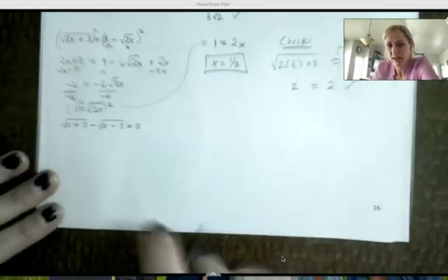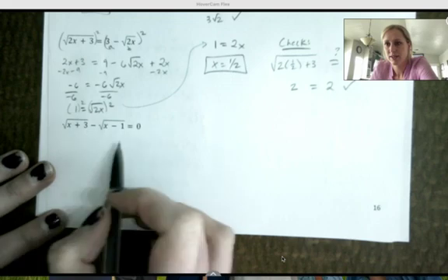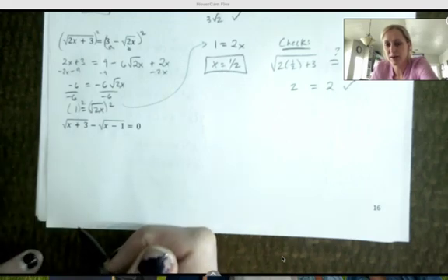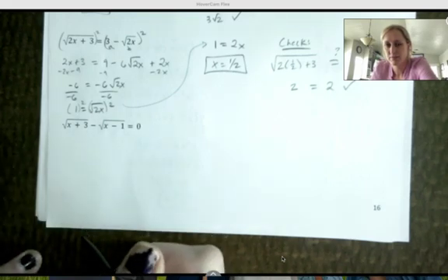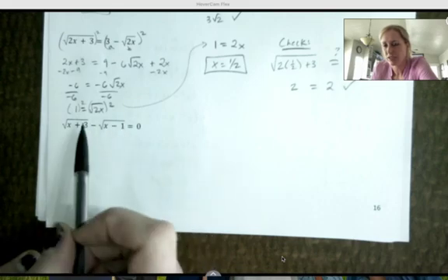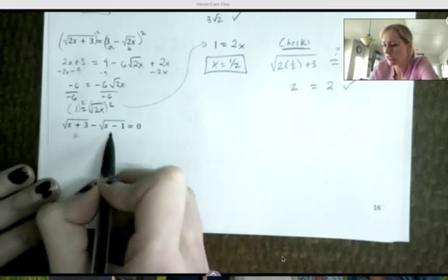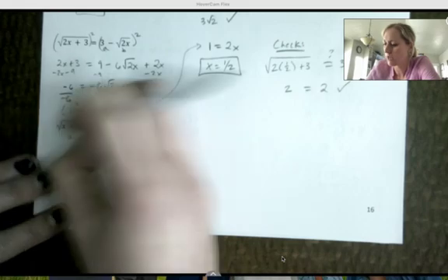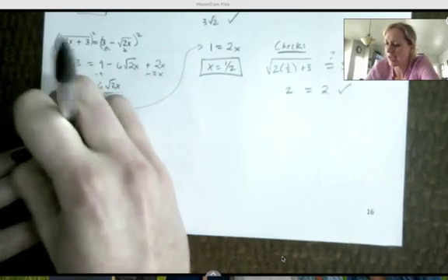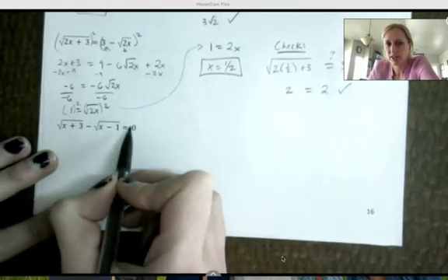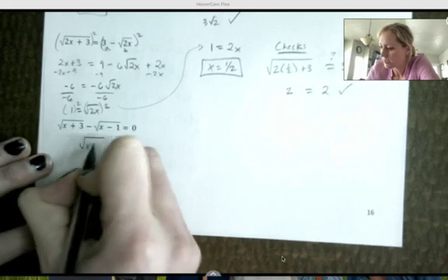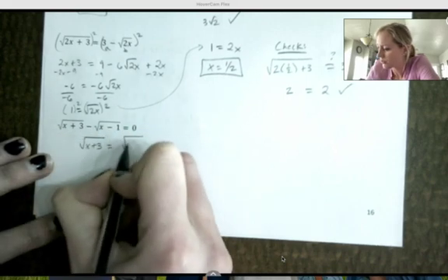This one is kind of like up above. I need to square this to get rid of this. I probably would choose not to do this, you guys. You could treat this as the a and b from up above. What I'm going to do, though, is add this to the other side. And I'm going to get square root of x plus 3 equals square root of x minus 1.